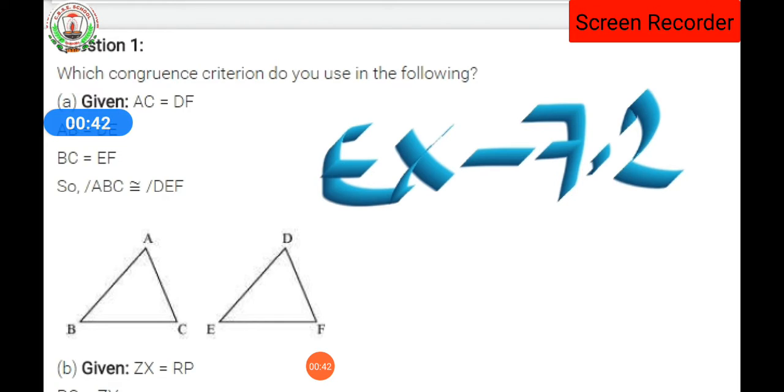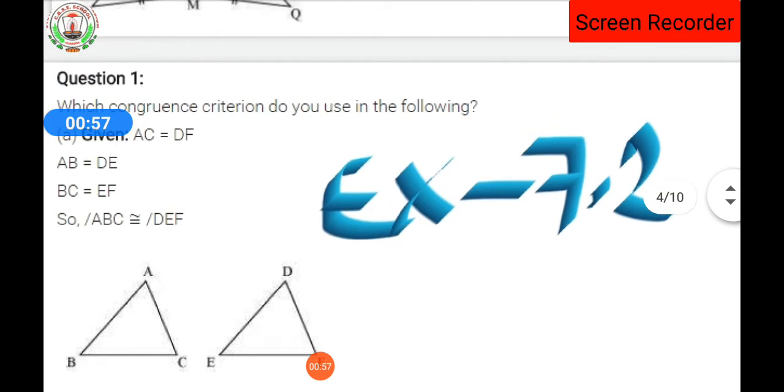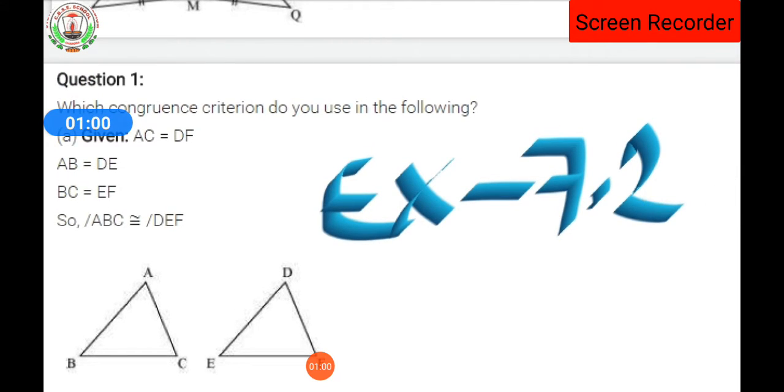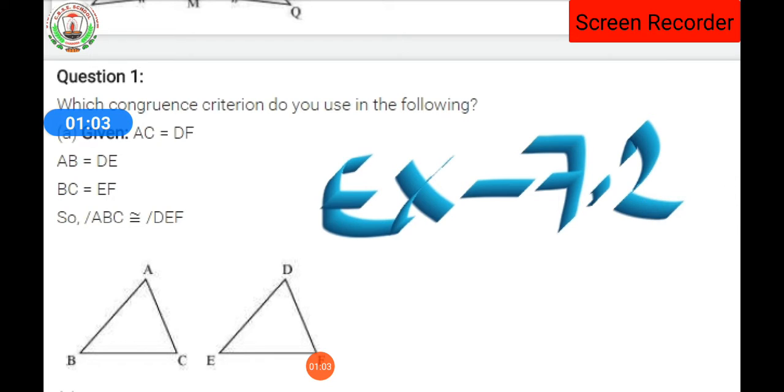So what does question number 1 say? Which congruence criteria do you see in the following figure? That means you have to tell which congruence criteria is applicable. A triangle ABC is given and the triangle DEF is given. Side AC is equal to side DF, side AB is equal to side DE, and the last one, side BC is equal to side EF.